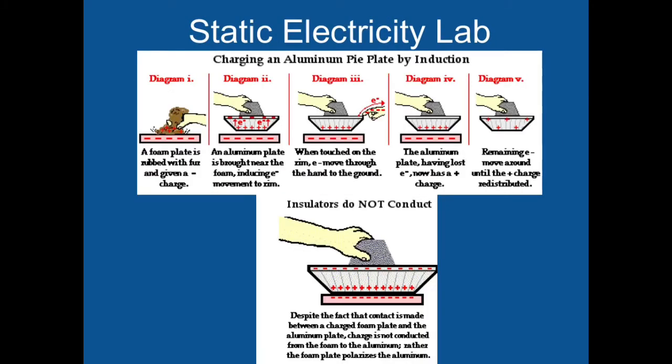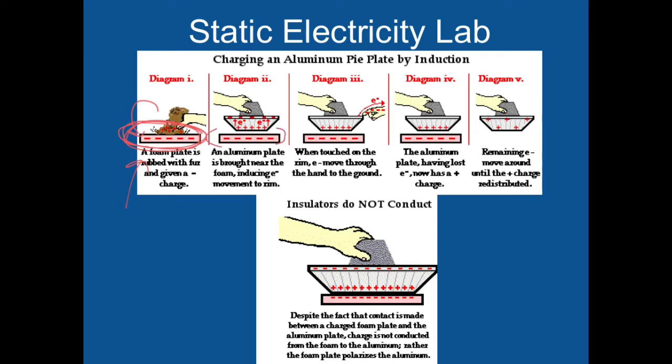Another thing you're going to do in your static electricity lab is actually make a pie tin turn to a positive charge. To do that, you're going to take just a simple, cheap foam plate and you're going to rub it with fur. Fur is going to actually, believe it or not, donate electrons to the foam plate. You will then take an insulated pie tin that is metal and you will bring it close to the negatively charged foam plate.